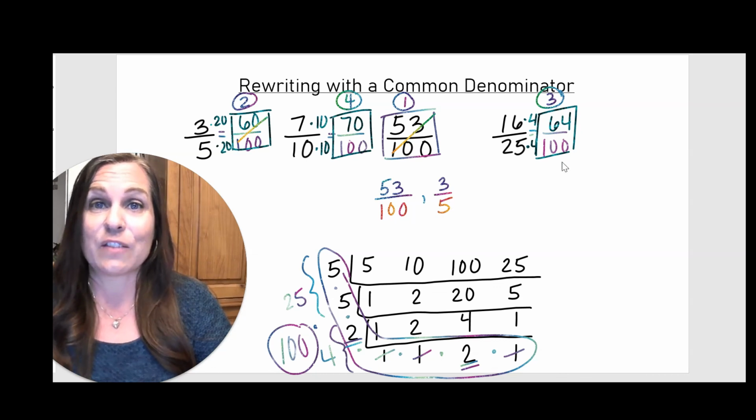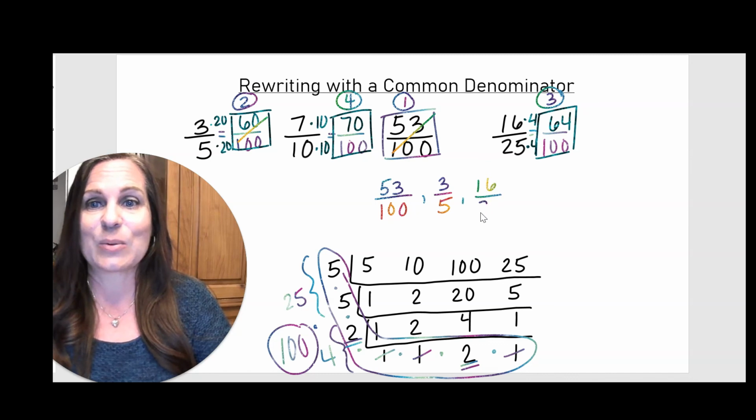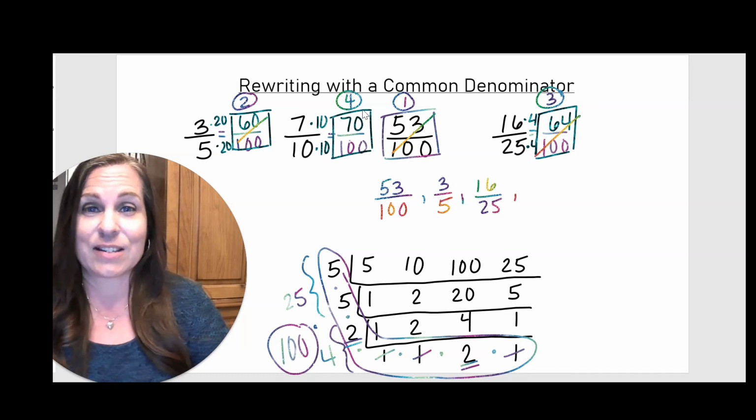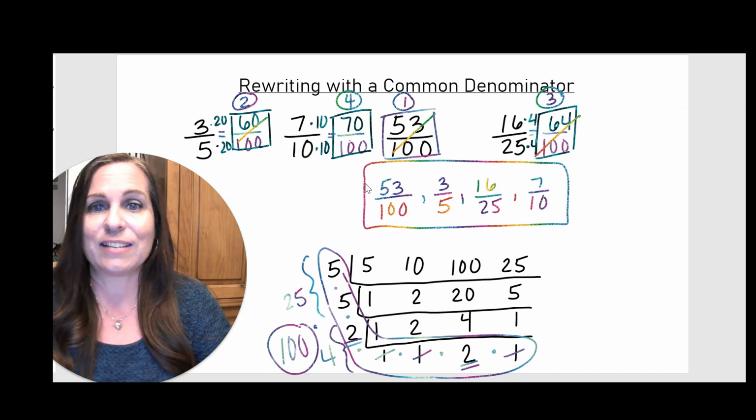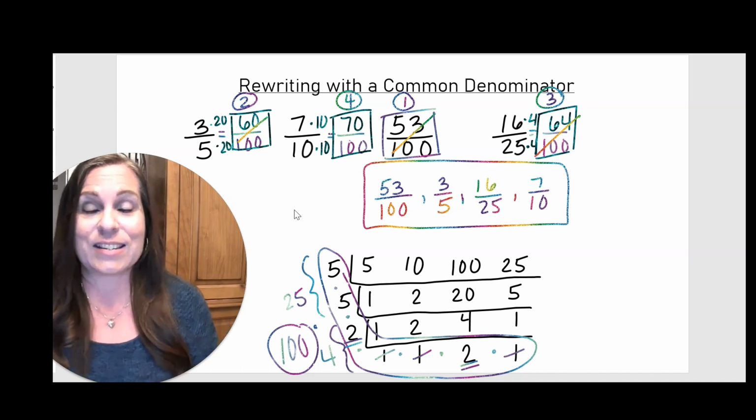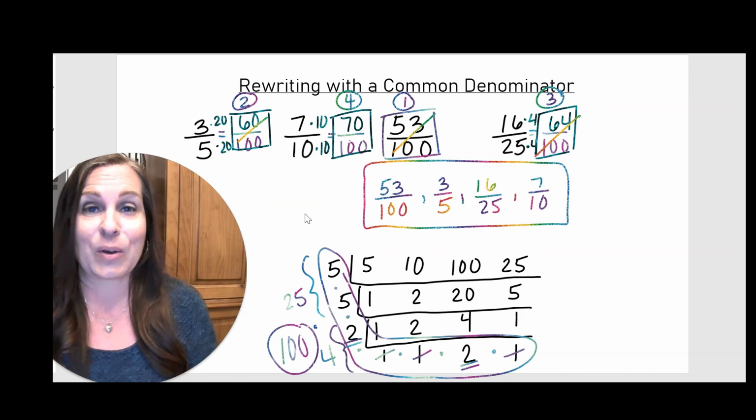After that is 64 hundredths, but the original fraction was 16 25ths. And then the largest fraction here is 70 hundredths, and that was given as 7 tenths originally. So here are all of my fractions written in order from least to greatest by rewriting with a common denominator.